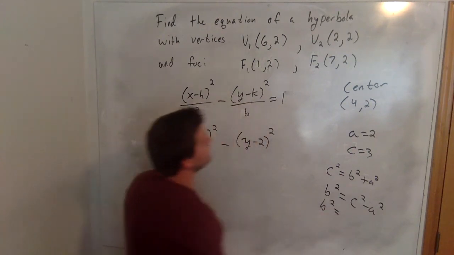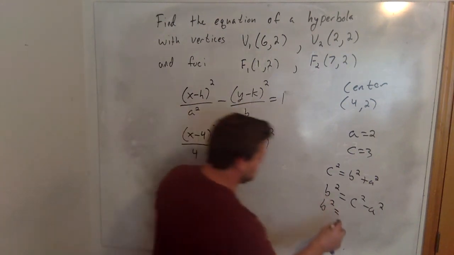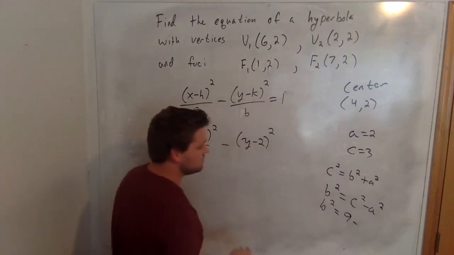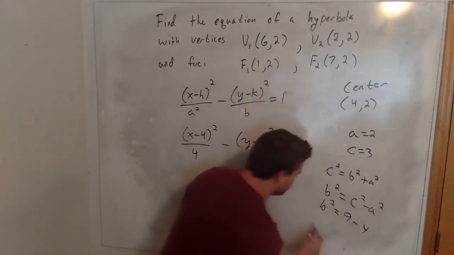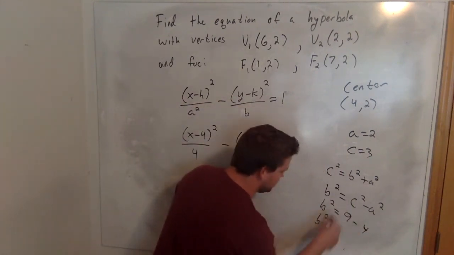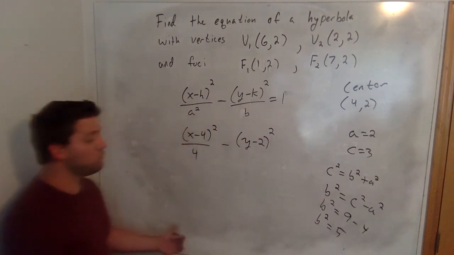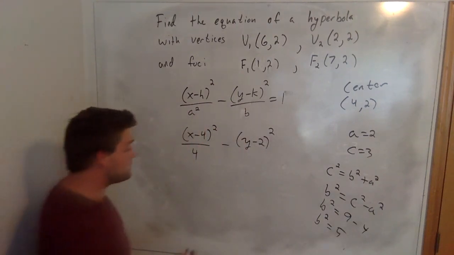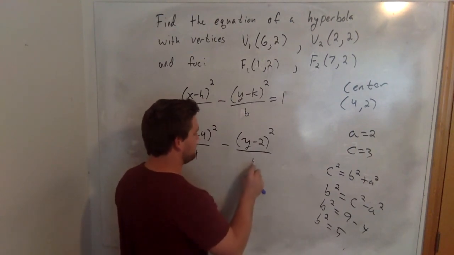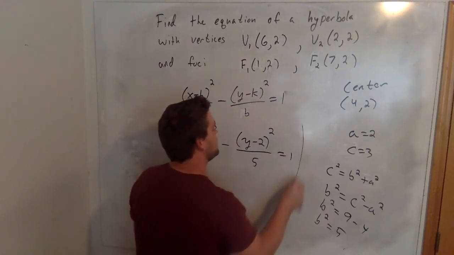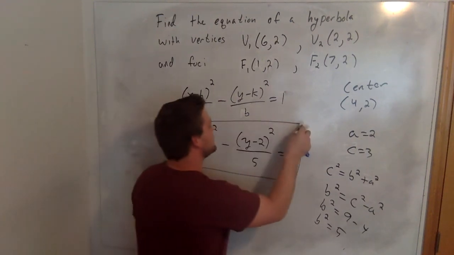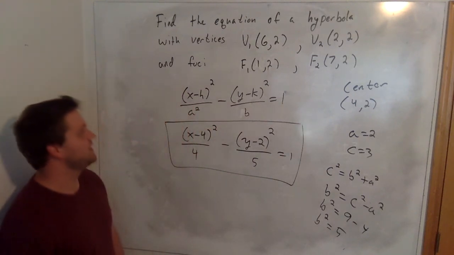Our c is 3, so c squared is 9, and a squared is 4. So b squared is equal to 5. So b is root 5, but really we just want b squared. So this will be all over 5, equal to 1. And here is the equation of this hyperbola.